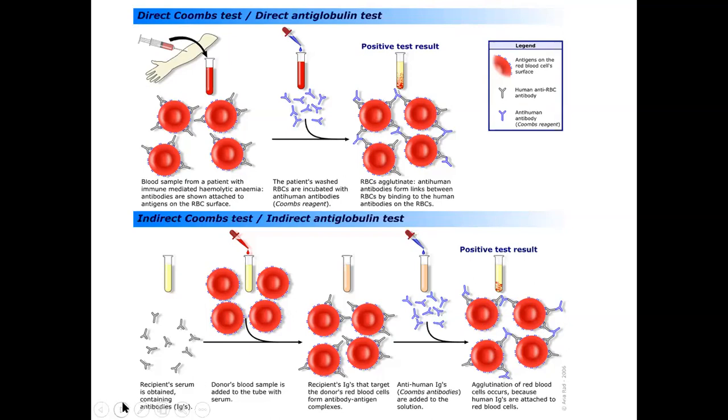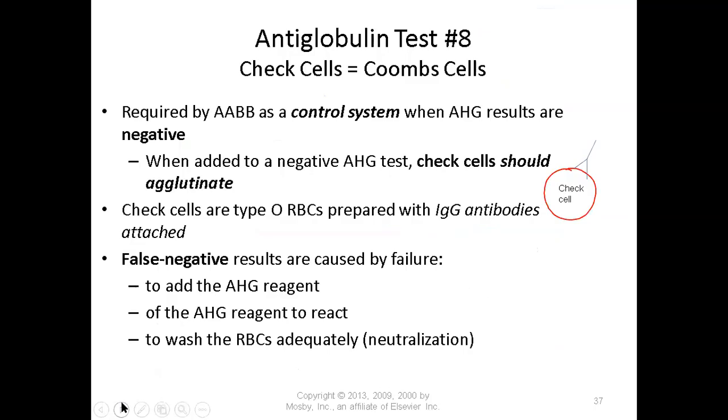We're going to build on the antiglobulin test and talk about something called check cells. Check cells are also referred to as Coombs cells. And remember, Coombs is the scientist who came up with the idea of antiglobulin testing.